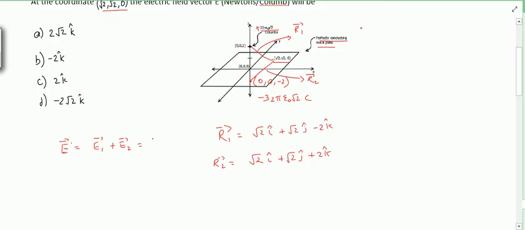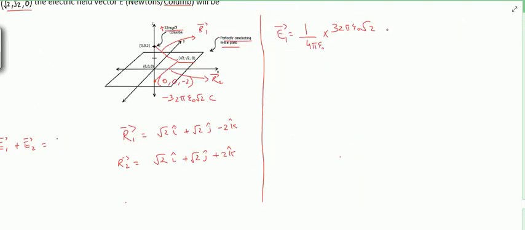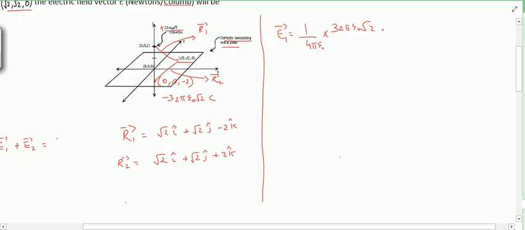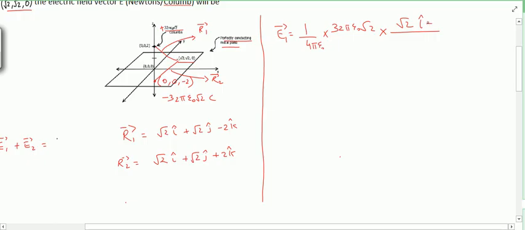If I use the formula for E1, it will be 1 by 4 pi epsilon naught into q, where q is 32 pi epsilon naught root 2, right? And here r1, I will first write the vector, root 2 i cap plus root 2 j cap minus 2 k cap, and then its magnitude to the power 3.